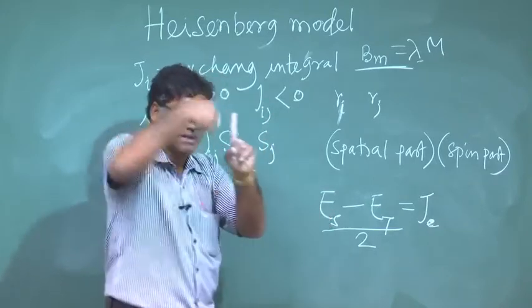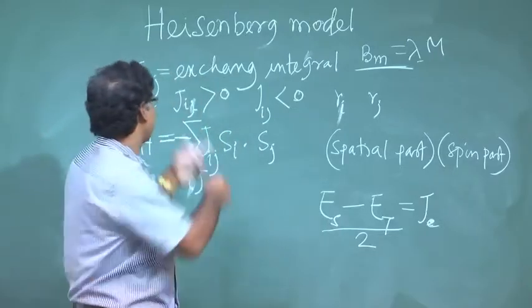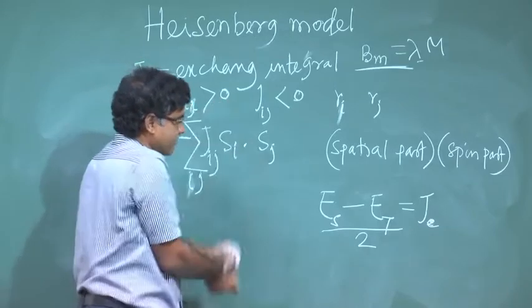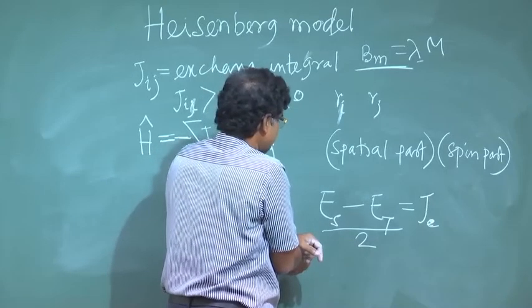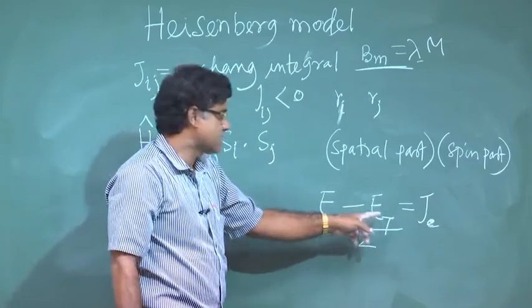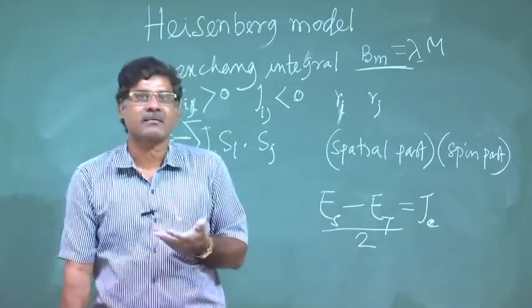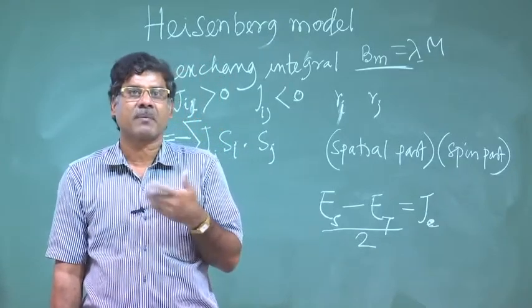Okay. So that means the antiparallel configuration is preferable. And when J is positive, then E S is greater than E T, meaning E T will be lower than E S. So the triplet state has lower energy, so it will be preferable.